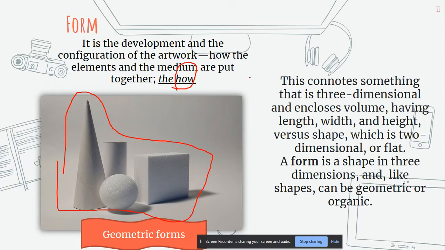This connotes something that is three-dimensional and encloses volume, having length, width, and height, versus shape, which is two-dimensional or flat. A form is a shape in three dimensions, and like shapes, can be geometric or organic. You could see some artworks being shaped accordingly, like they could choose any of those geometric forms.